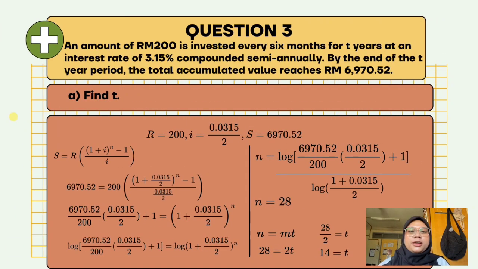Our goal is to find the number of years, t, needed to reach the accumulated value. So we use the future value formula for annuities, which is S equals R times [(1 plus i) to the power n minus 1] over i. R is 200, i is 0.0315 over 2, S is 6,970.52.